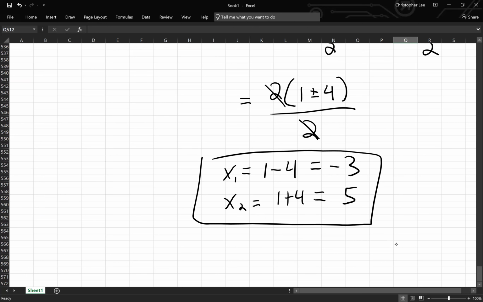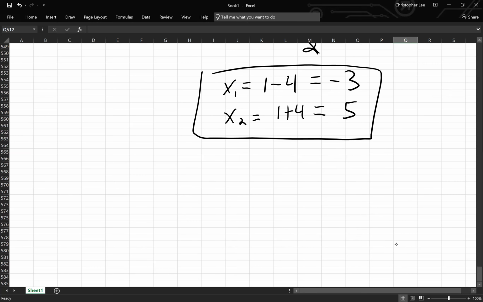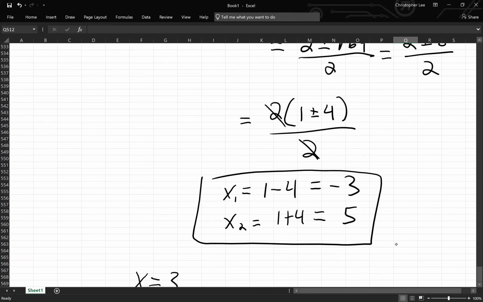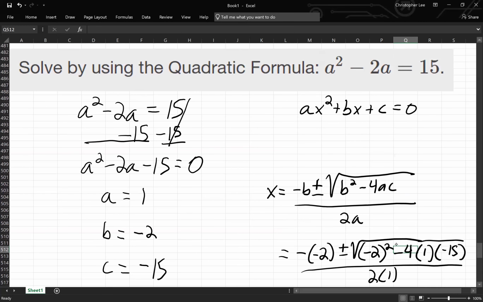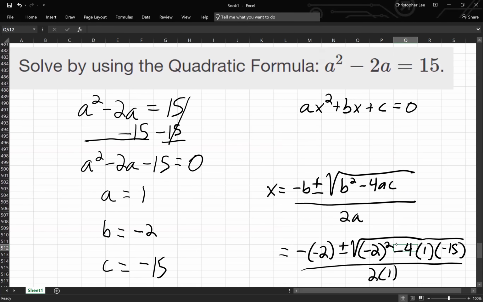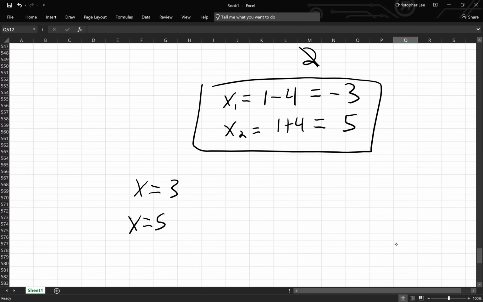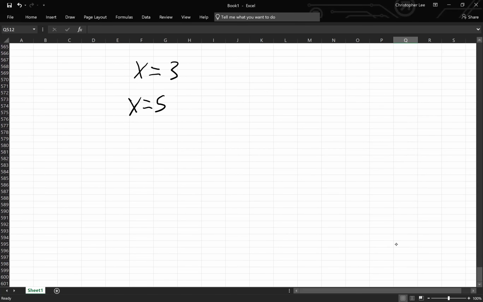Something else that I'd like to show you guys. This is something more for your future classes. Let's say that I have a root, x is equal to 3, for example, like how I have this answer here, and I have my other answer, x is equal to 5. Let me scroll back up for a second. Our equation was x squared minus 2x minus 15.